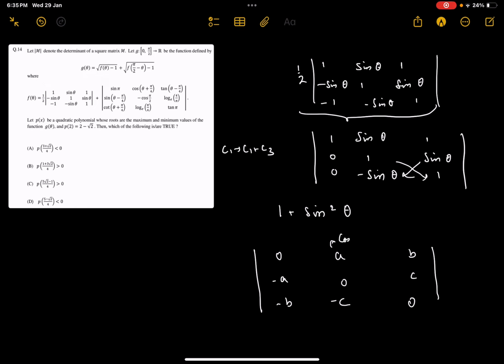Where A is cos theta plus pi by 4, B is tan, and C is the remaining entry.